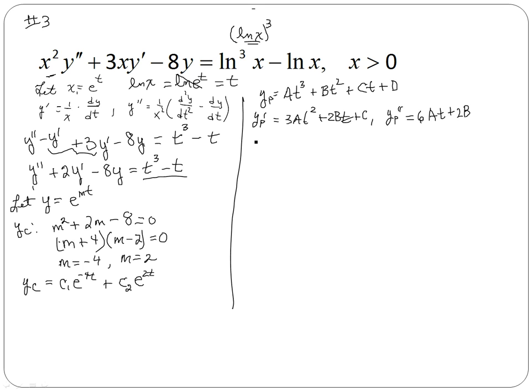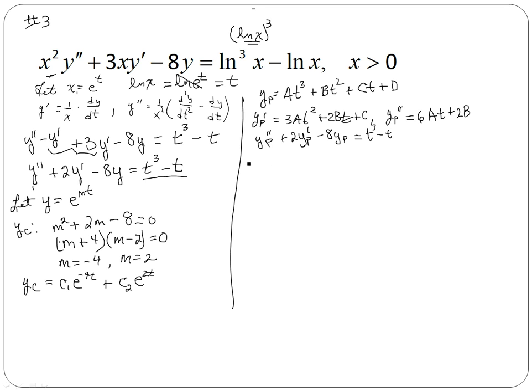And substituting into my differential equation, I'm going to substitute in for the second derivative plus 2 times the first derivative minus 8 times my particular function equals t to the third minus t.